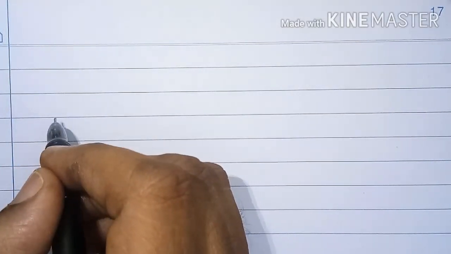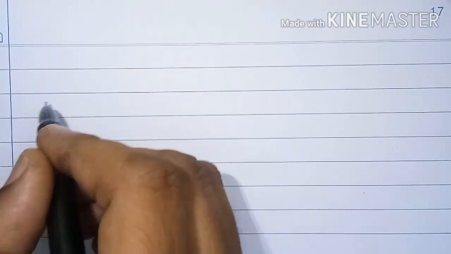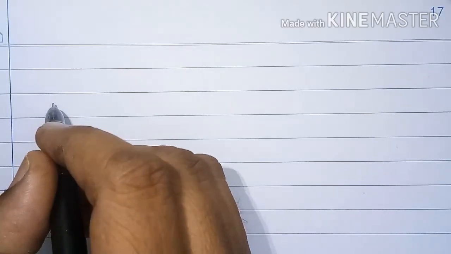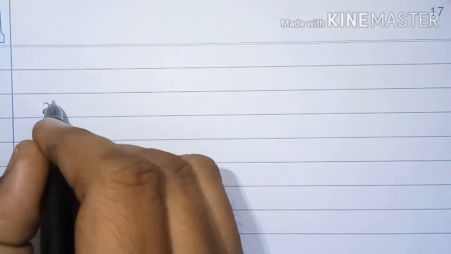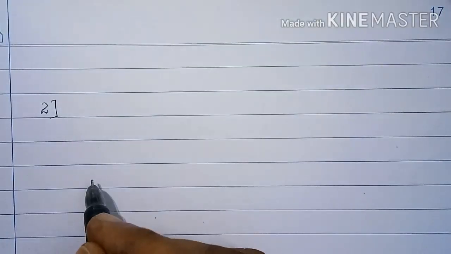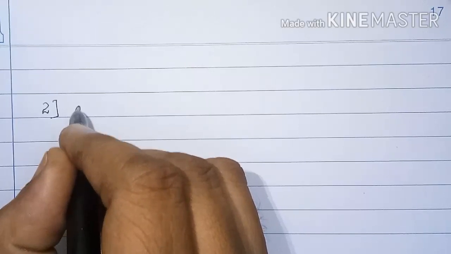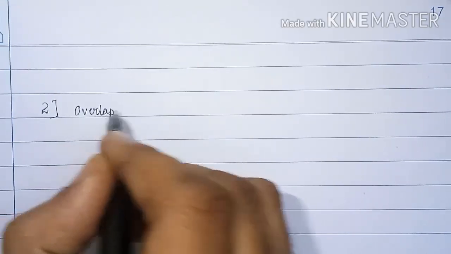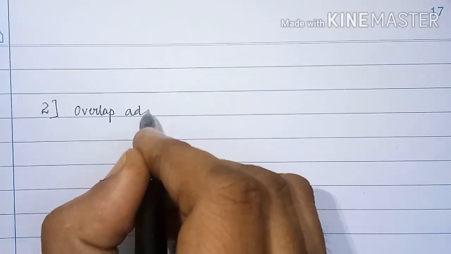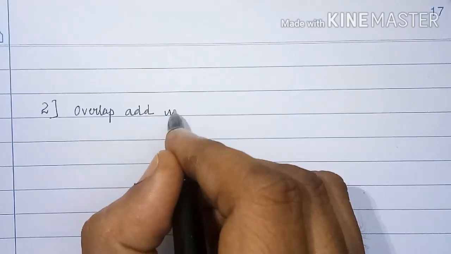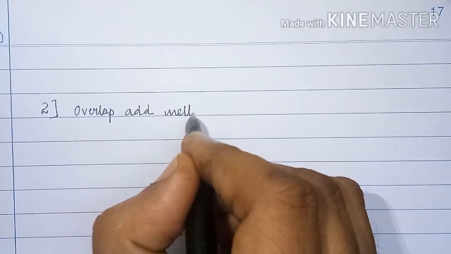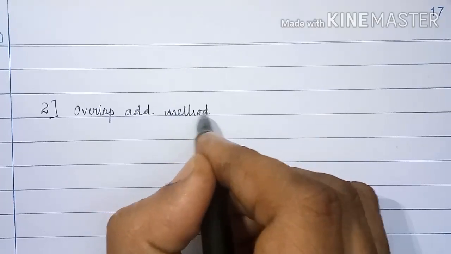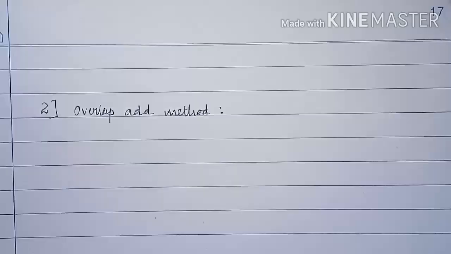Now we will take up the second method of convolution of a long sequence with a short sequence, and that method is the overlap and add method.